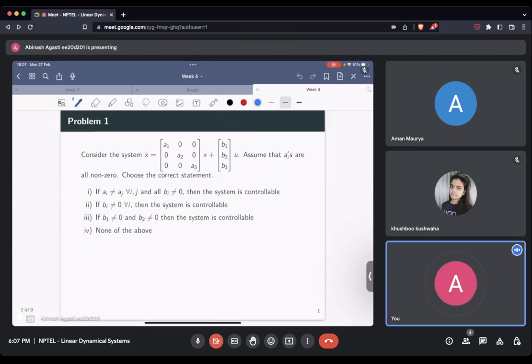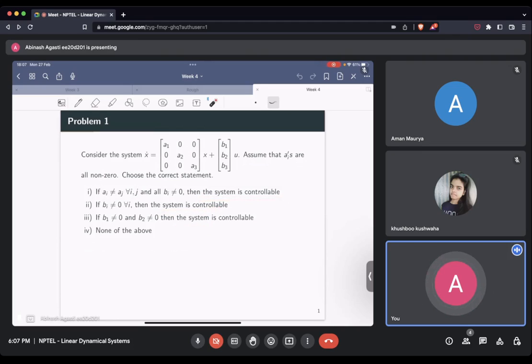Okay, so here's the first question. We have a system x dot equal to Ax plus Bu. Now assume that the ai's are all non-zero. Then we have to choose the correct statement. So let us look at the options. If ai not equal to aj, and so on, the system is controllable.